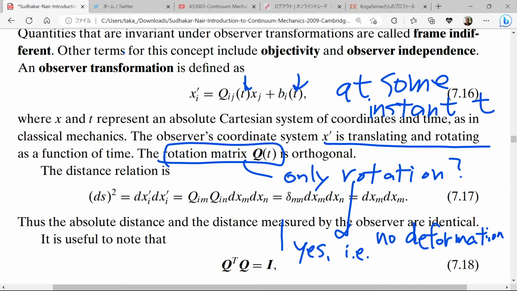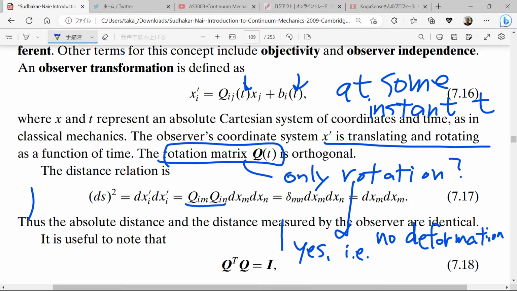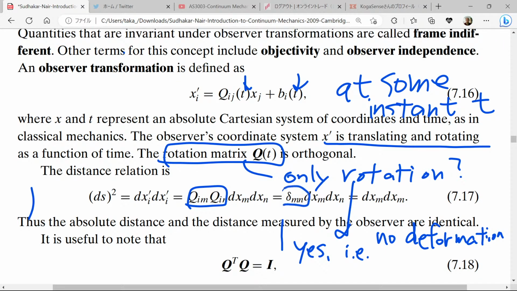That's the absolute distance and identical. So I don't know, how do you get this identity?